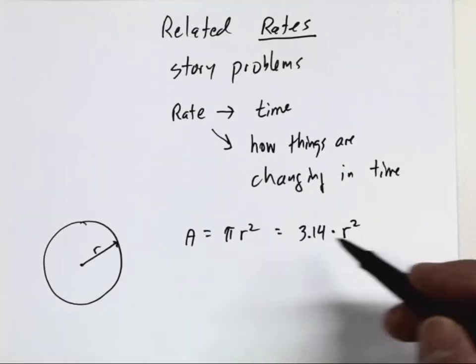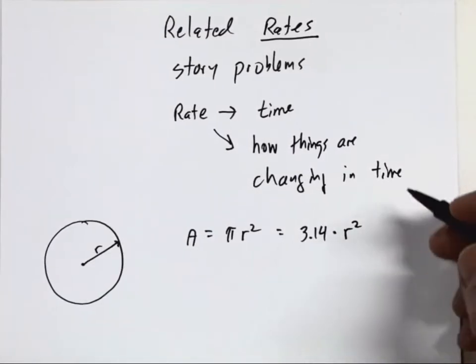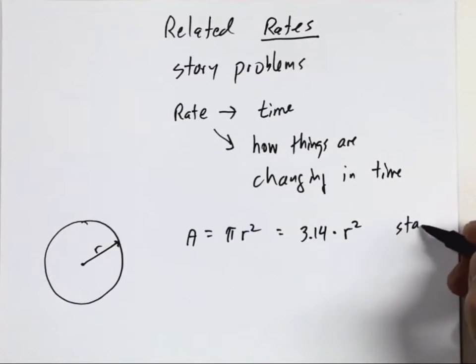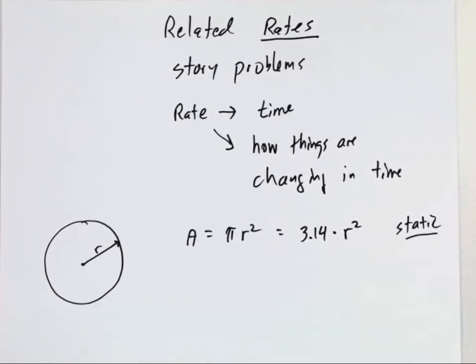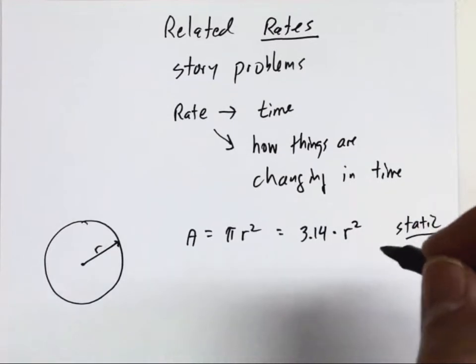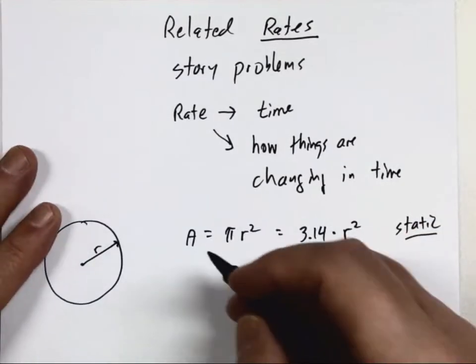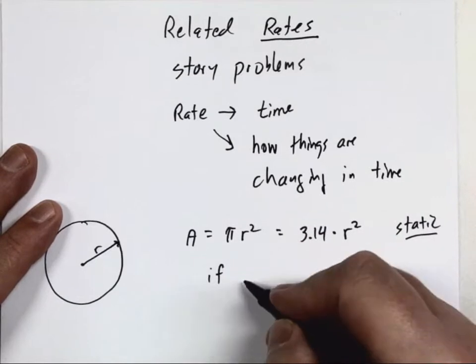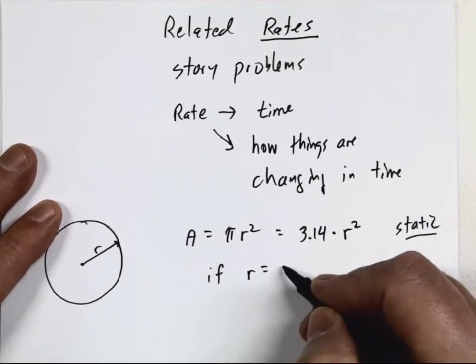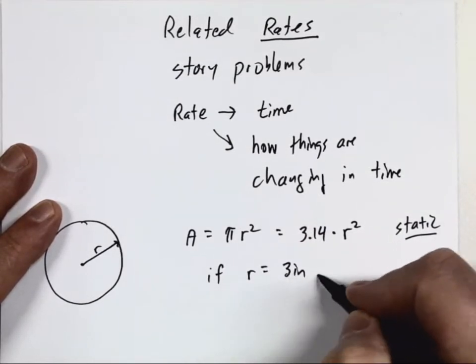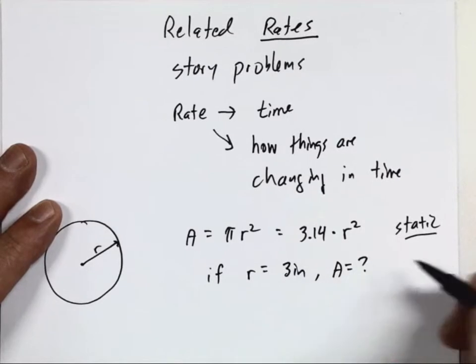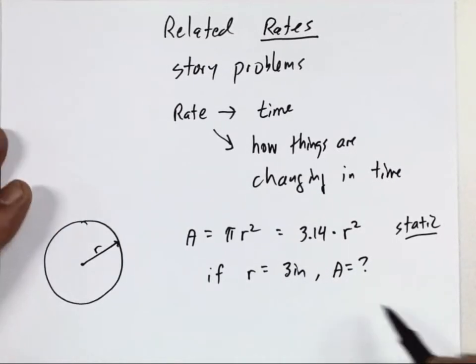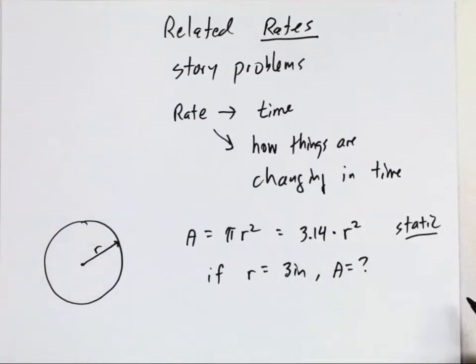Now we call this kind of equation, this is a word you'll sometimes see in math and science, a static equation. It's not changing. This is like a point in time. If I said, if r equals 3 inches, what does A equal? Well, you put in 3 for r.